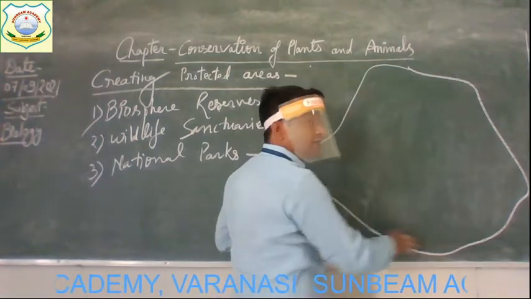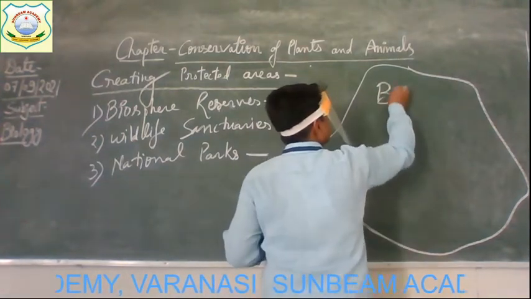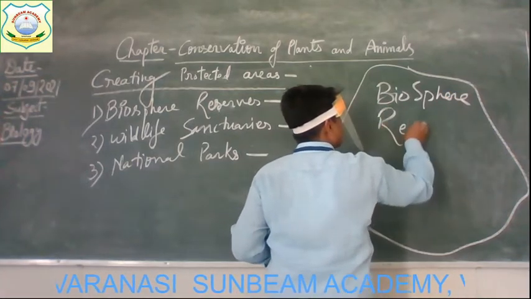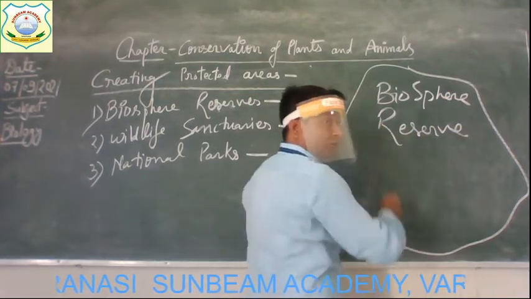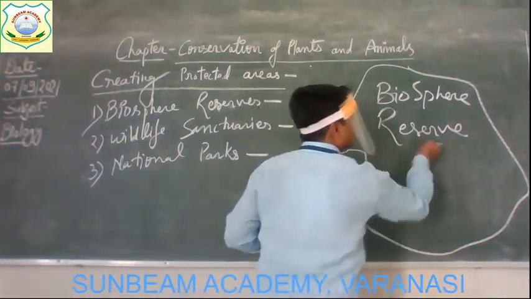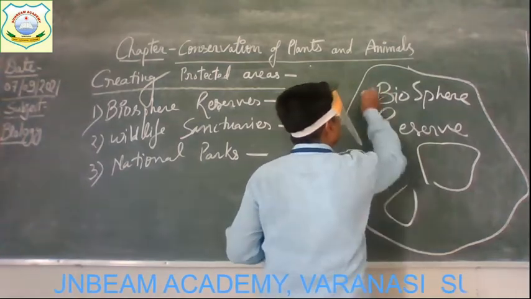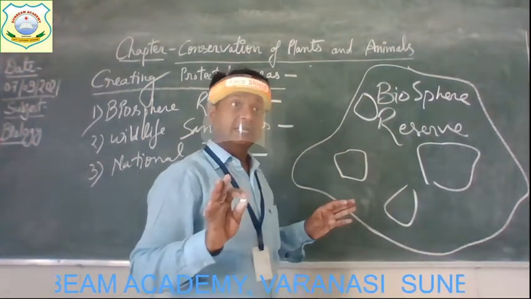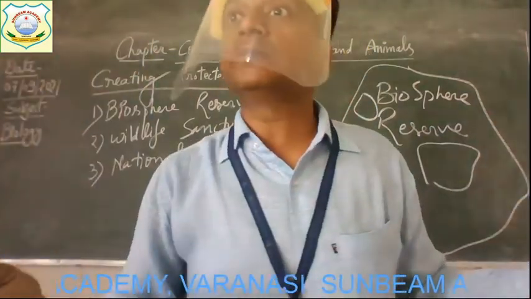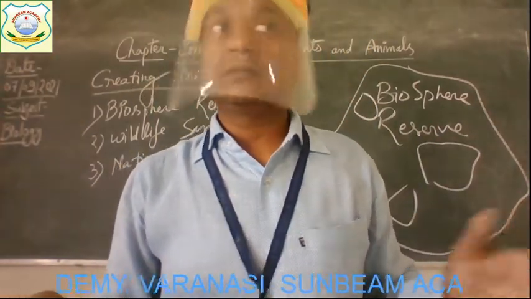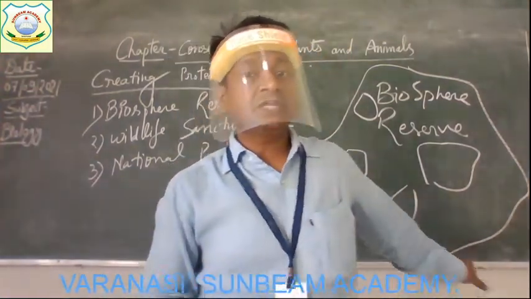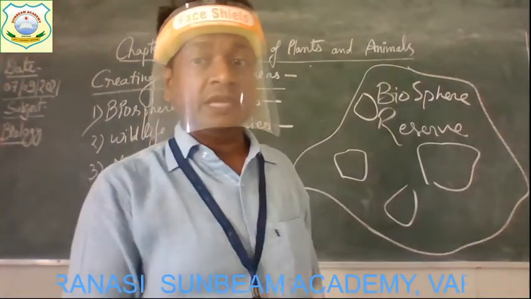It is a biosphere reserve. Inside this one biosphere reserve, many wildlife sanctuaries and national parks can be there. So you can understand how large biosphere reserves are. Get it? Everyone?